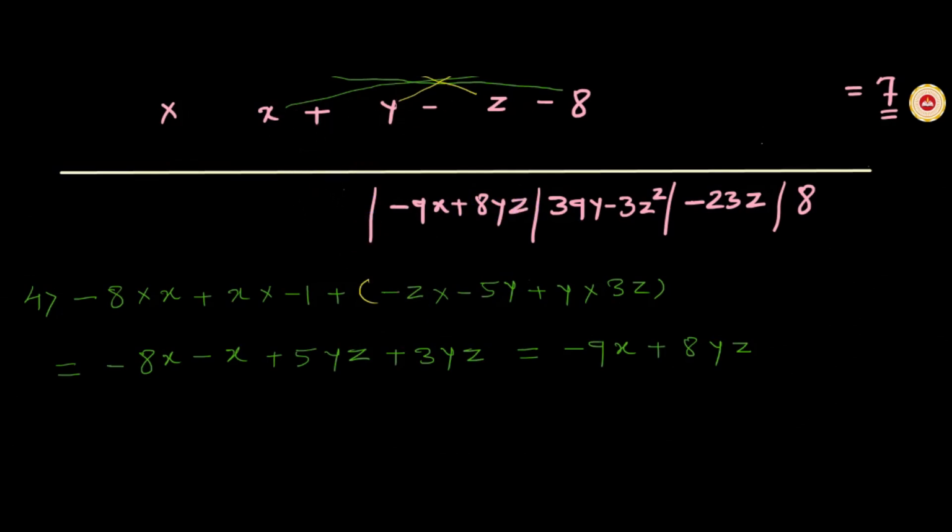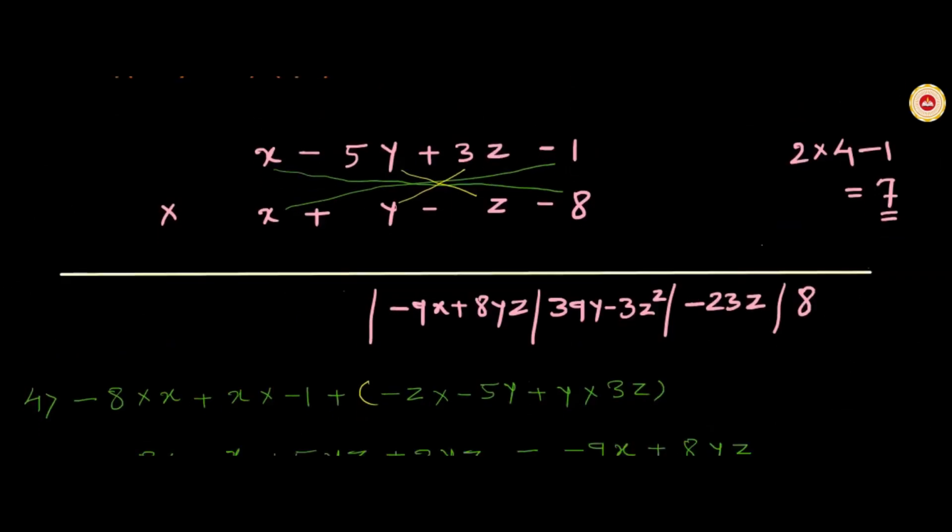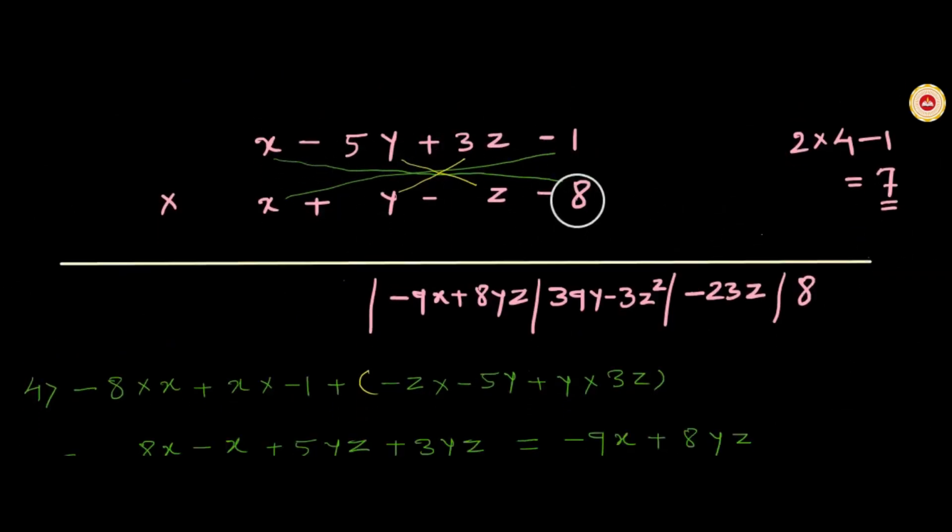Now fifth step. Fifth step is, see friends, total there are 4 columns in this example. First column, second column, third column and fourth column, right? Till fourth step we have covered 4 columns. It was inclusion phase. Now from fifth step, exclusion phase will begin. Okay, now in the fifth step, let us exclude first column.